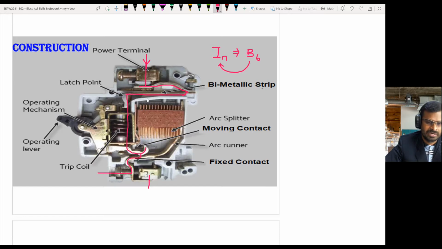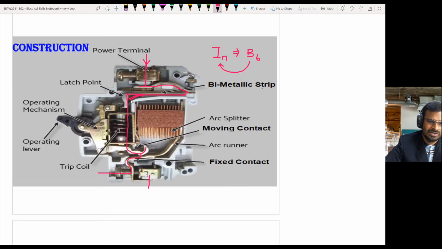So based on the amount of current, either the thermal mechanism or the trip coil is going to function. In case it is very near to the rated current, say 8 amperes or 10 amperes, then the bimetallic strip's temperature slowly rises. Once the temperature rises to a certain point, the bimetallic strip bends like this.